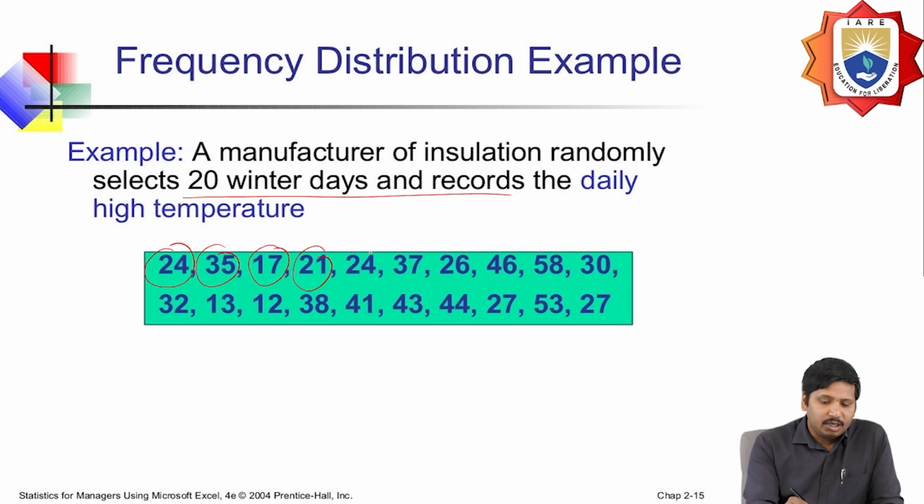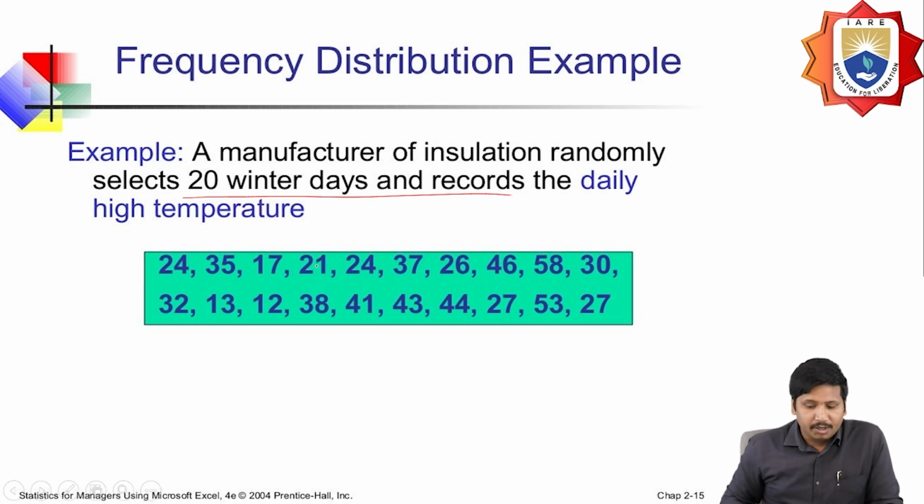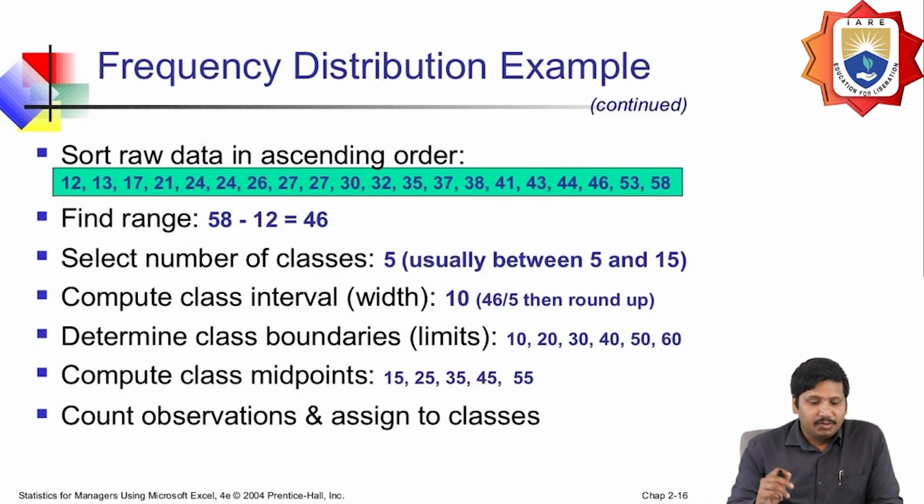For a particular insulation company, which takes 20 random winter records of the high temperature, from this you have to put the data in ascending order. Then you have to find the range. The range is found by subtracting the minimum value from the maximum value, and then we have to select the number of classes.